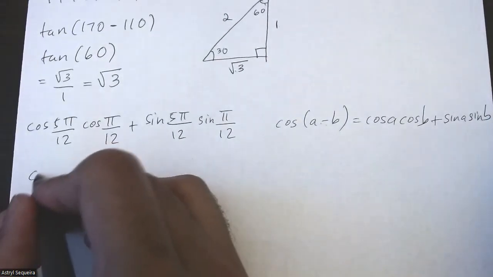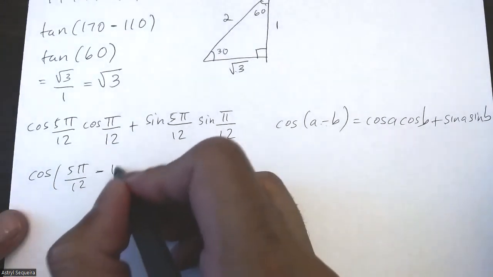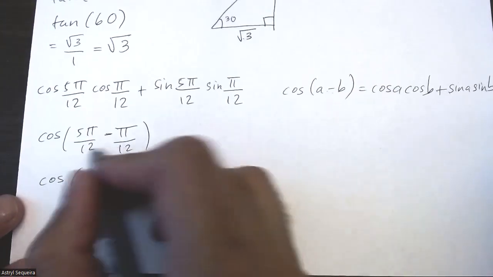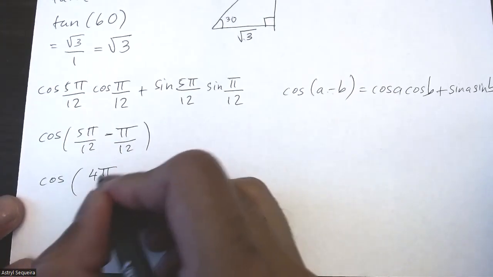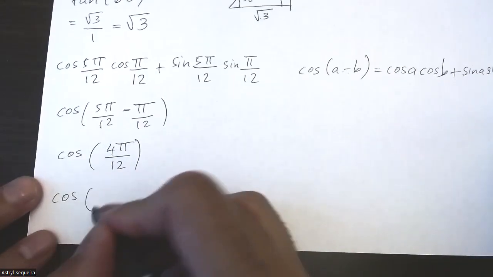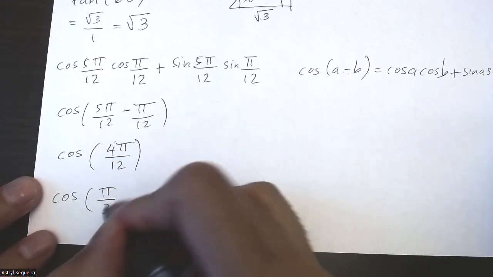So this is going to turn into cos of 5 pi over 12 minus pi over 12. They already have a common denominator, so it's just cos of 4 pi over 12, which can be simplified. I can divide both of these by 4, so that's cos of pi over 3.